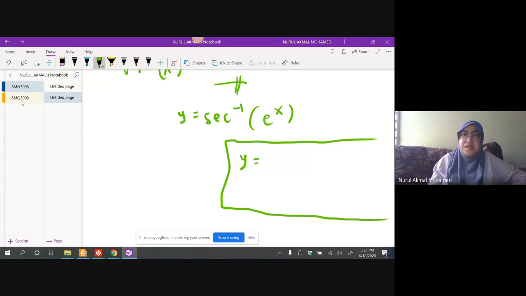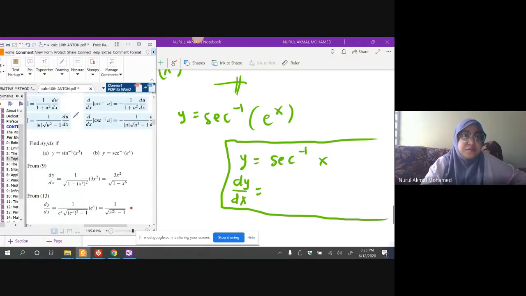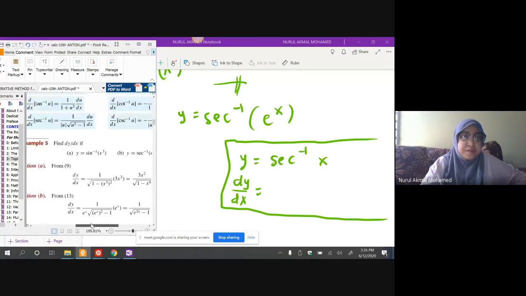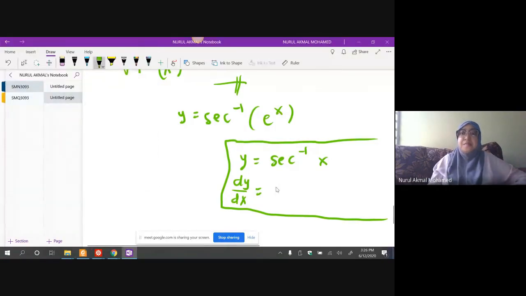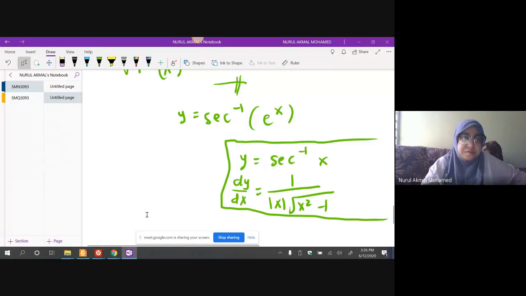If we have y equal to arcsecant of x, then dy dx is equal to 1 over the absolute value of x multiplied by the square root of x squared minus 1.